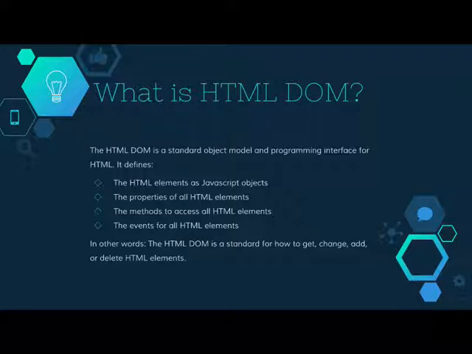And not only can we modify the elements, we can also listen to events of certain elements. For example, an input field would have an on change, and whenever the input field changes, we can apply a function. Or when a button is clicked, we can apply a function. So all of those things are also part of the DOM.